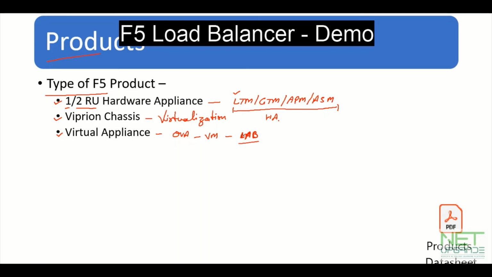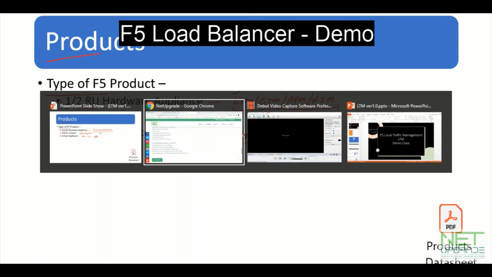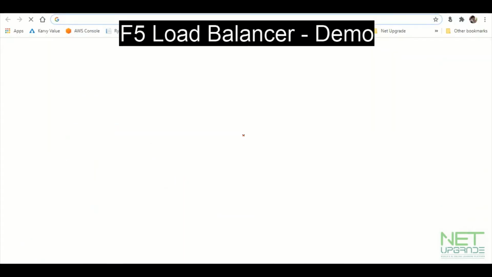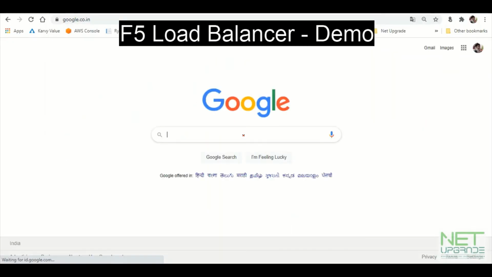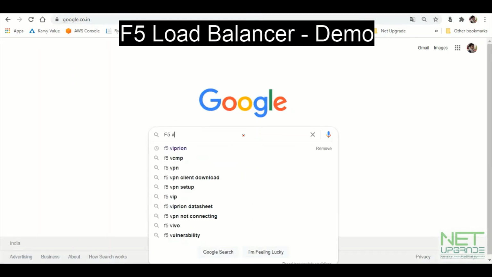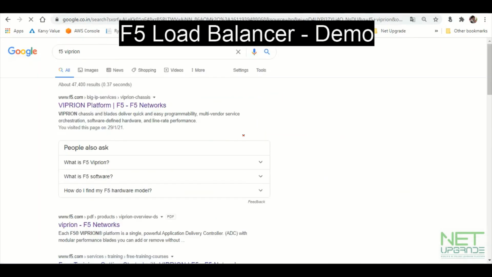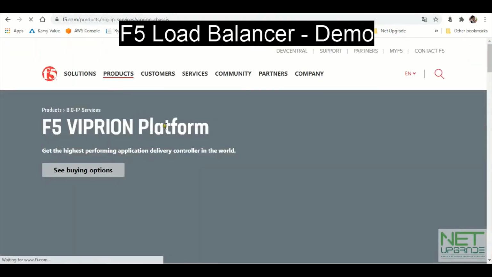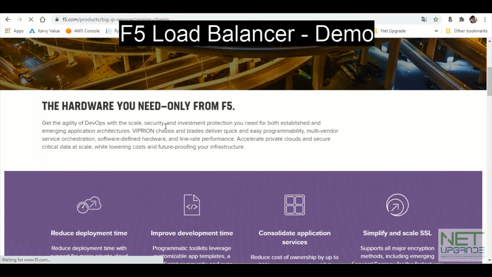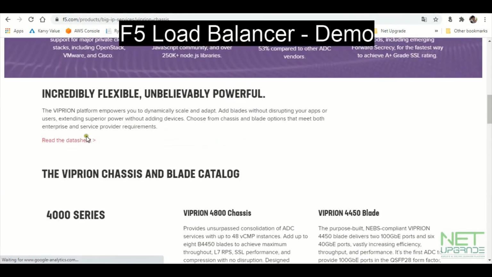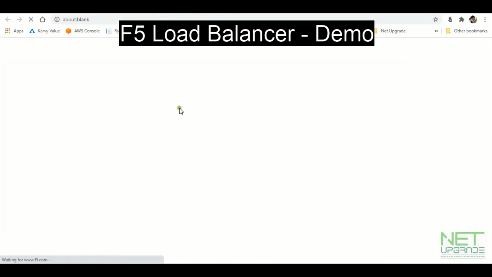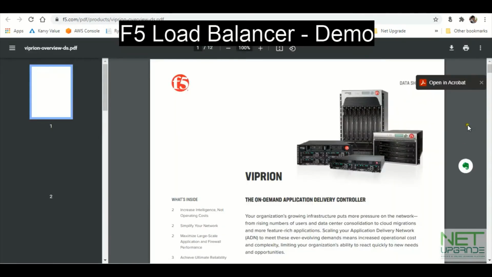Now let's see what this Viprion chassis looks like, because it is one of the in-demand technologies in the market. We can open Google and type F5 Viprion. The very first link, we can click there and then scroll down. Then we can see the datasheet. Click on the datasheet and you can see what your product looks like.